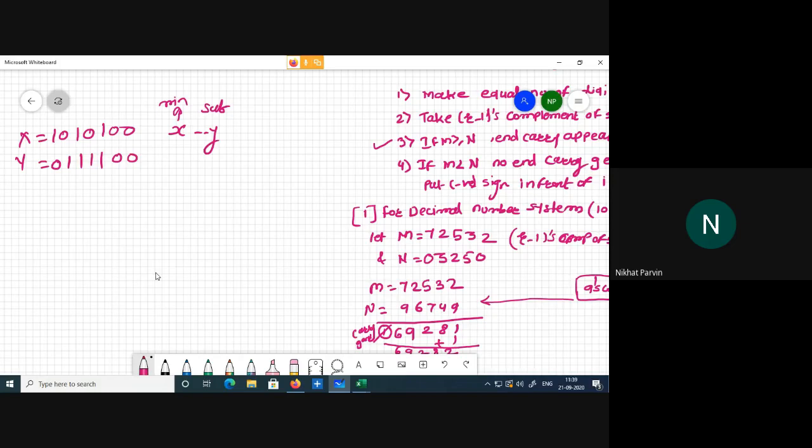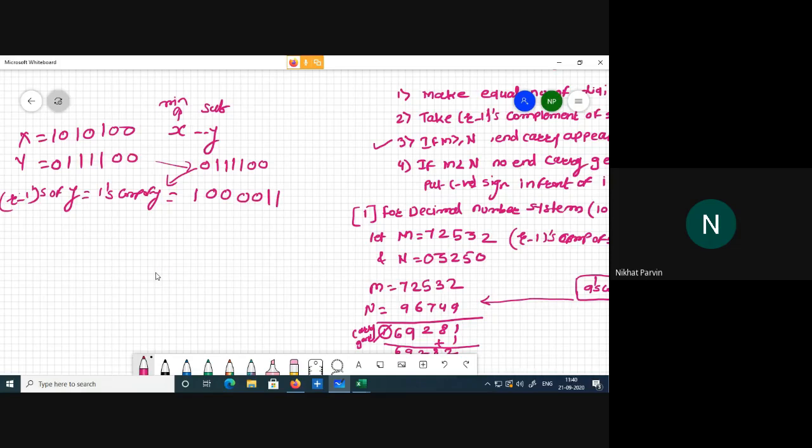The next step is to take the r minus 1's complement of the subtrahend. My subtrahend is y here, so I should take the 1's complement of y. Taking the one's complement is nothing but replacing 0 by 1 and 1 by 0.